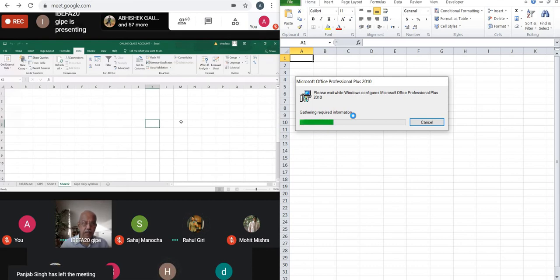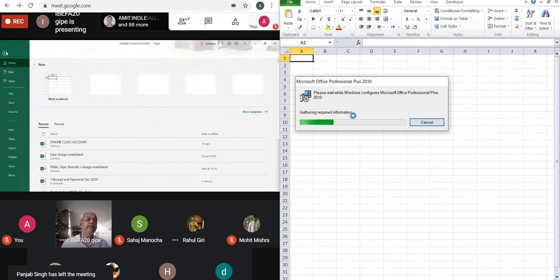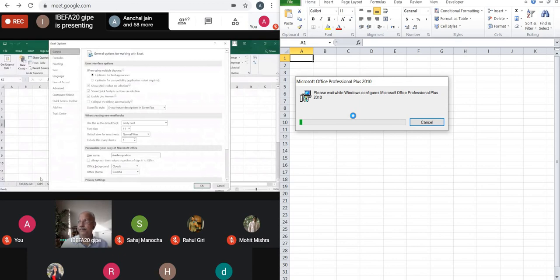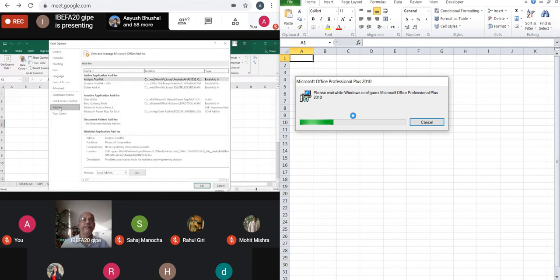Go to File. Go to More Options. Add-ins. Analysis Tool Pack.